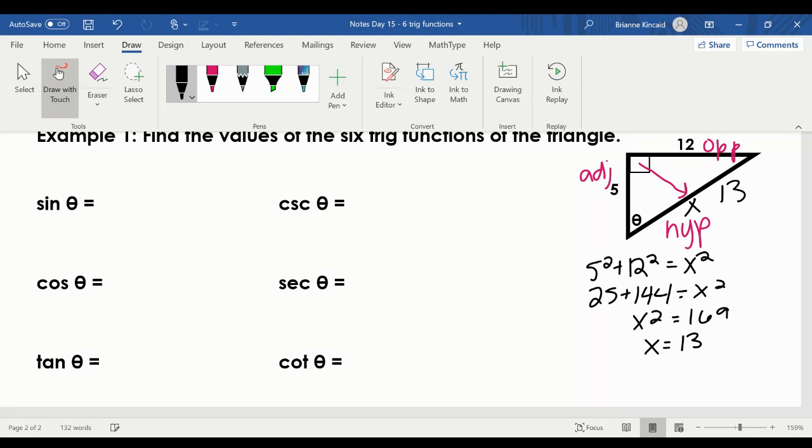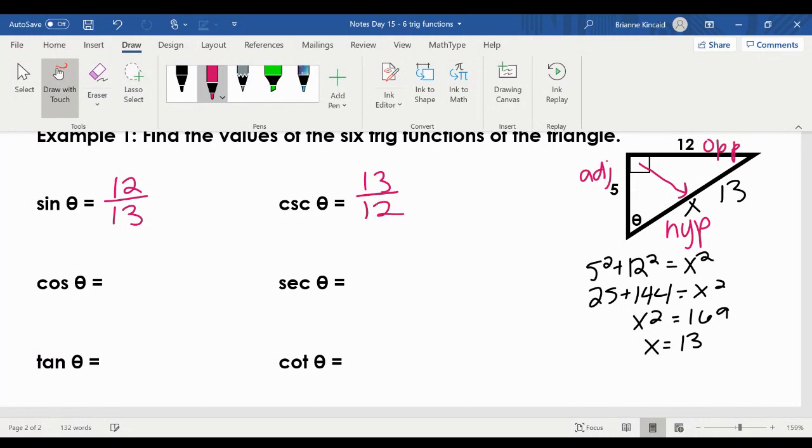So now I can go through and I can evaluate. So sine is the opposite over the hypotenuse. That's 12 over 13. We always try to simplify if we can. The reciprocal of sine is cosecant. So I flip the fraction. 12 over 13 becomes 13 over 12.